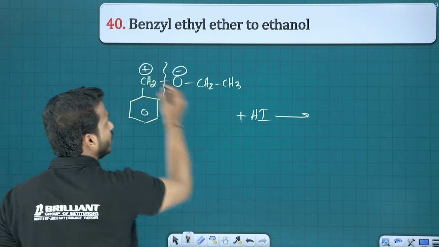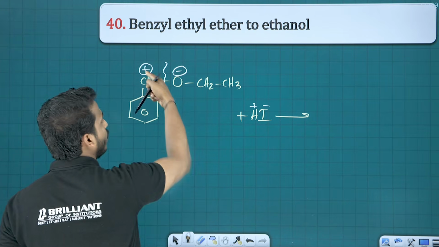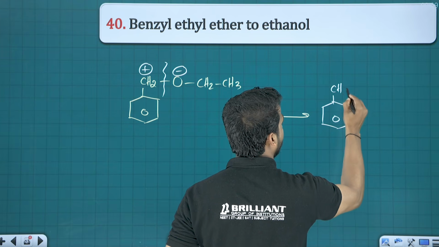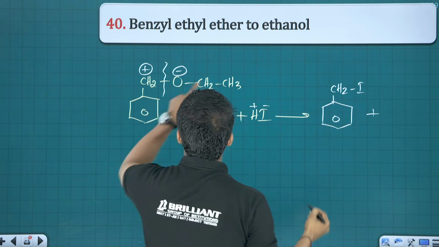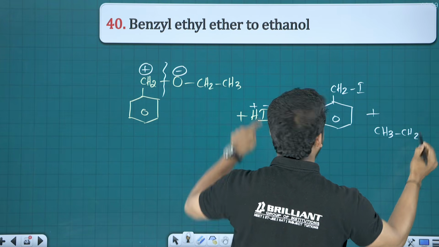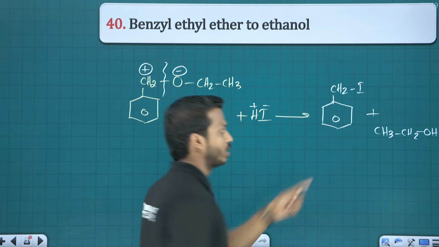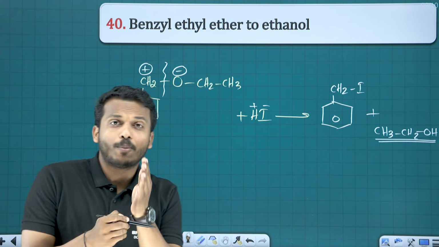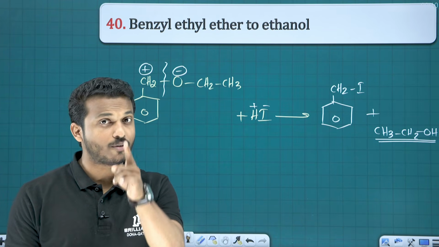So to this positive, who will attack? This iodine will attack. So you will get benzyl iodide, plus what do you have on the right side? CH3, CH2 to the O, and H will attack: OH, ethanol. See, our product is which one? Ethanol. So ether bond breaking, you studied in the last part, right? Very important.